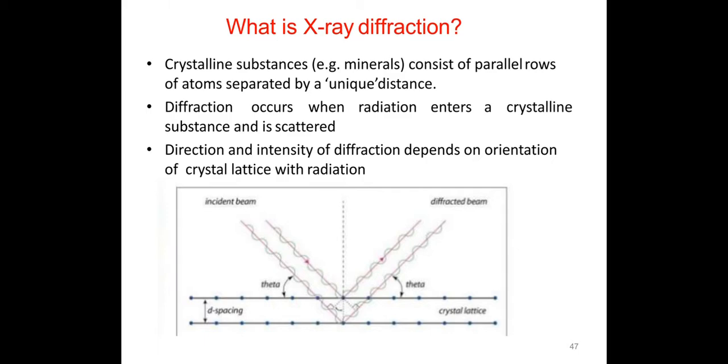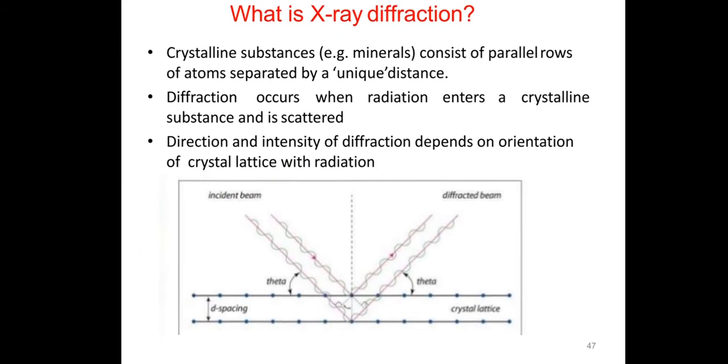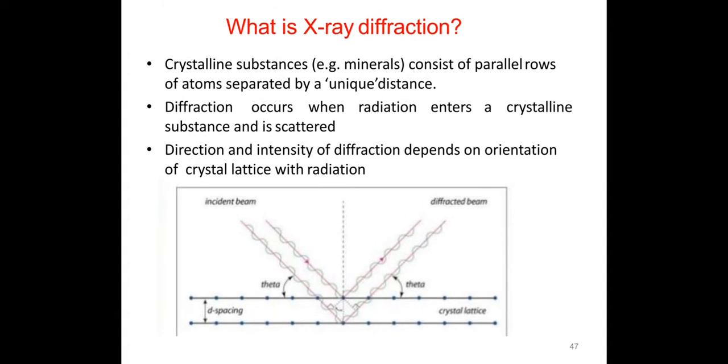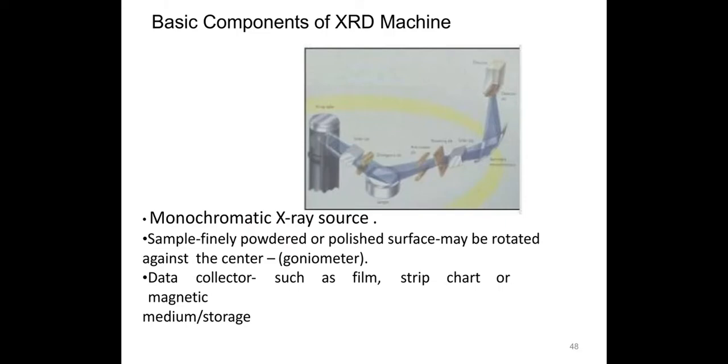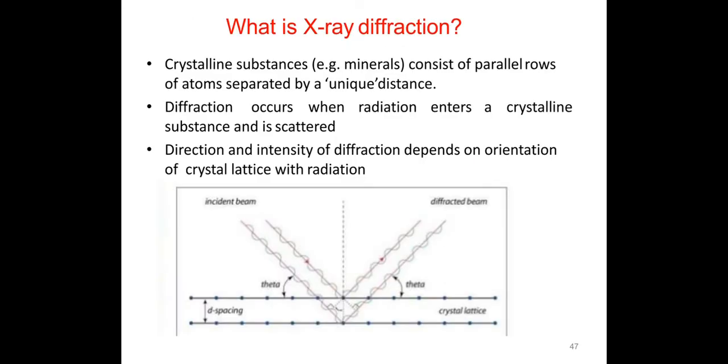Why X-ray diffraction? See, crystalline substances, for example minerals, consist of parallel rows of atoms separated by a unique distance. You see here, d is the distance between the rows.